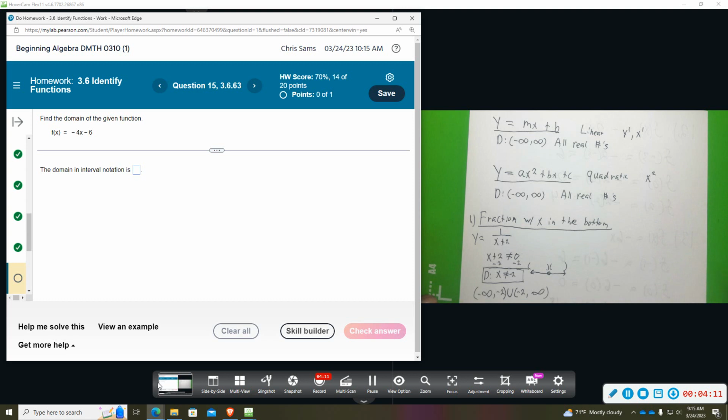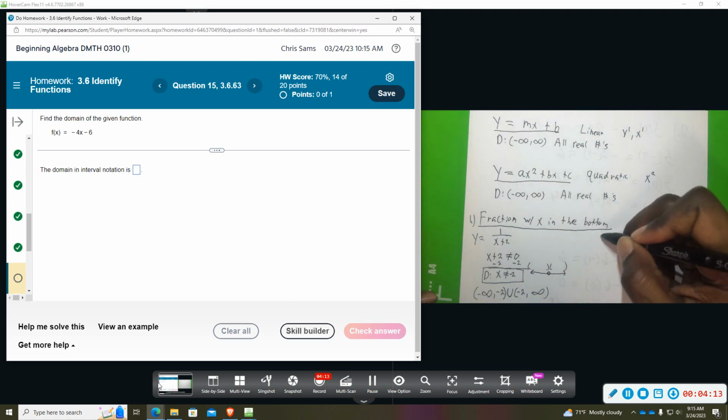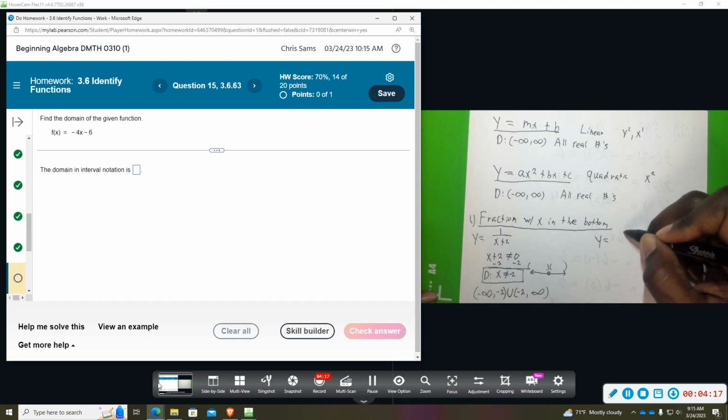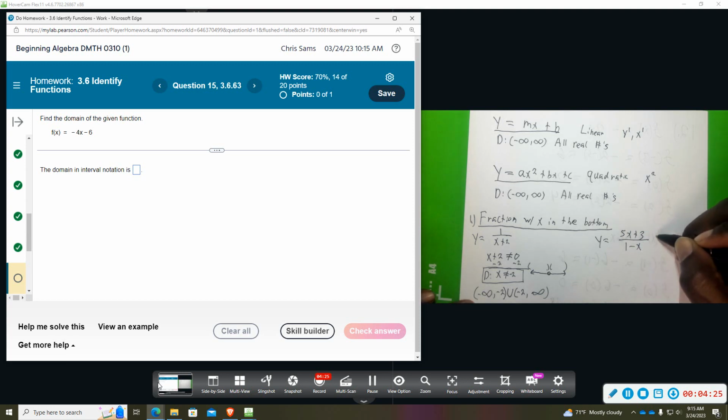So just for example, if I had another one, I could say y equals 5x plus 3 divided by 1 minus x plus 6. Again, I have this situation where I got a fraction in the bottom. All the rest of this stuff doesn't really matter right now. I'm just focusing on the bottom.